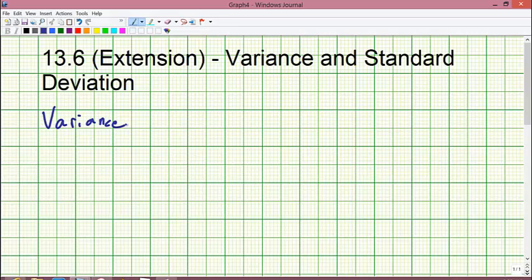Now the variance of a set of data, and again, we're going to look at the data set x1, x2, up to xn. The variance is represented by something called sigma squared, and it's very similar to mean absolute deviation.